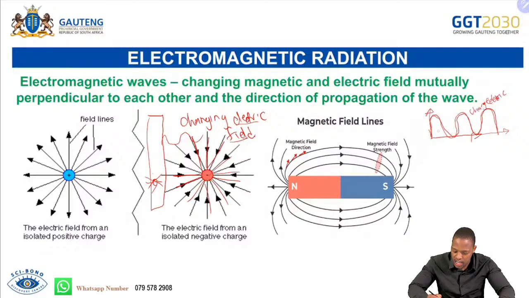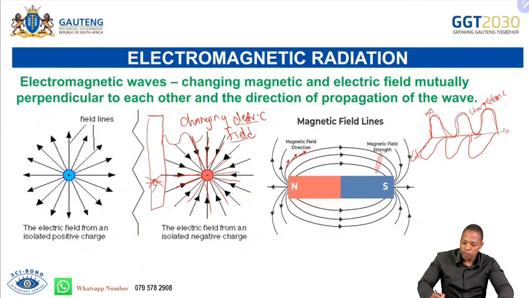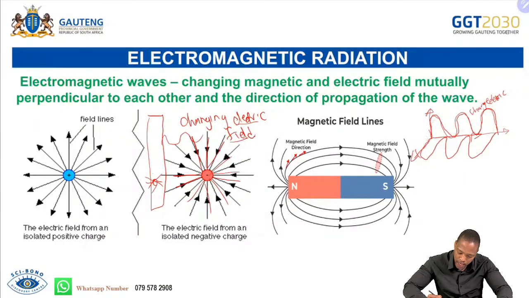This changing electric field is going to cause a change in magnetic field. And this change in the magnetic field is also going to propagate, perpendicular to the direction of propagation, but also perpendicular to the changing electric field.